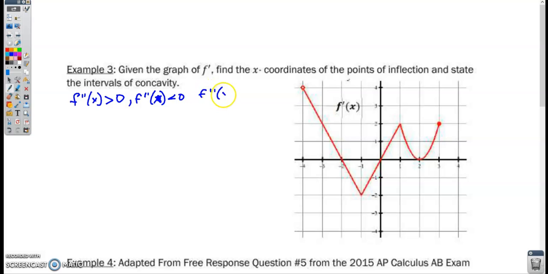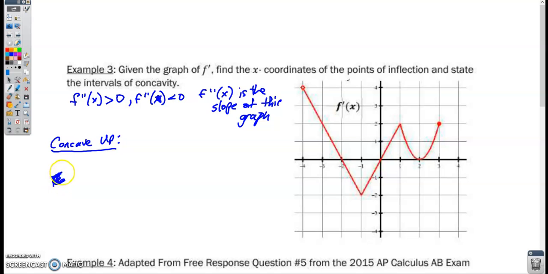F double prime is the slope of this graph. So this graph is concave up when the slope is positive and concave down when the slope is negative. I'm just going to go ahead and build the intervals as I talk my way through the problem.